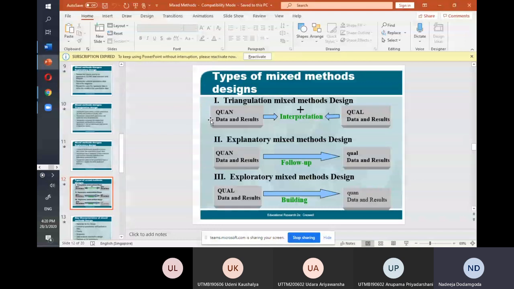Explanatory mixed methods means you're looking at a study where you give a lot of focus to the quantitative analysis, and whatever findings you make using the quantitative analysis, you try to follow up with a few interviews.